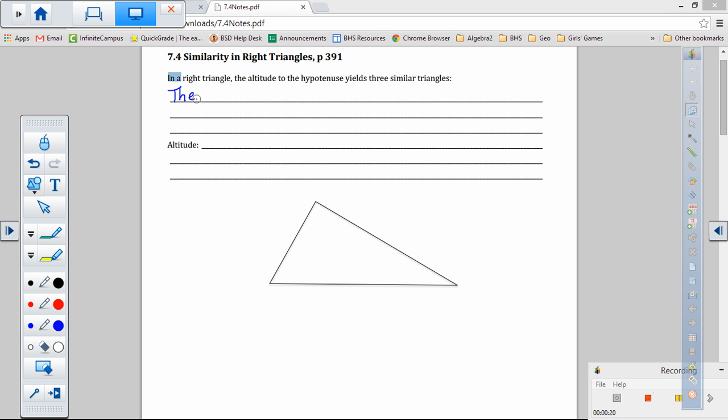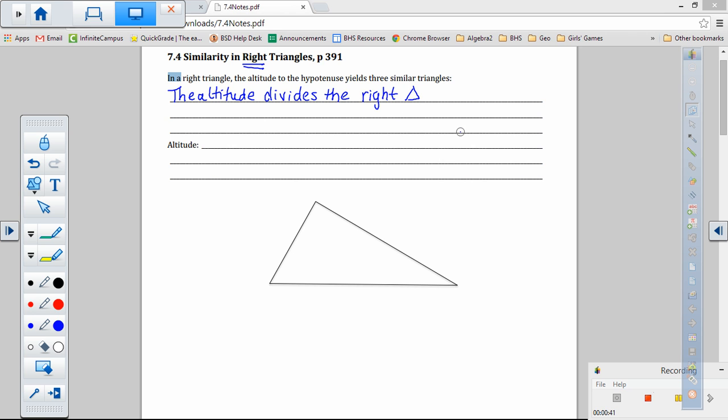So the altitude divides the right triangle. So keep in mind, this is just for right triangles.